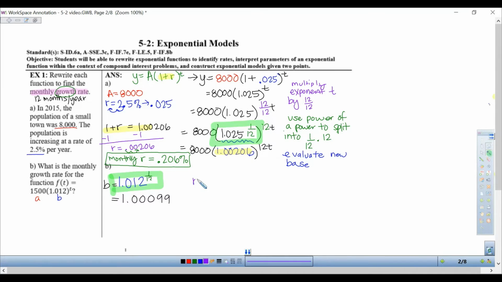So now if we look at what we did from the original problem, our last step was to subtract B minus 1.